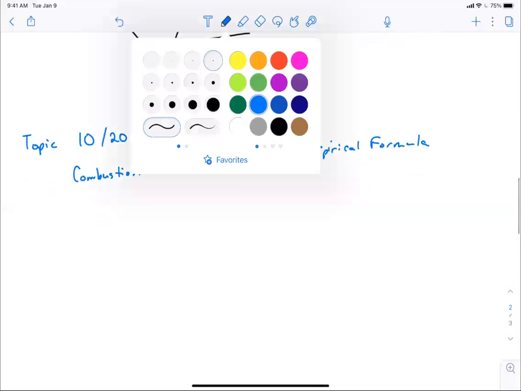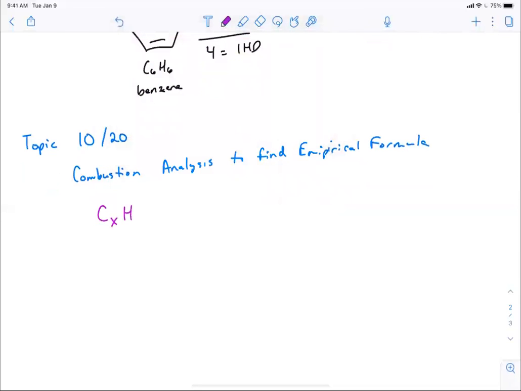So with this combustion analysis, you get complete combustion of this organic compound, normally carbon, hydrogen, oxygen. If there's nitrogen, usually nitrogen N2 is a product. So whatever mass of N2 you had is how much you started with, because there's no other source for it. But this is the main one.